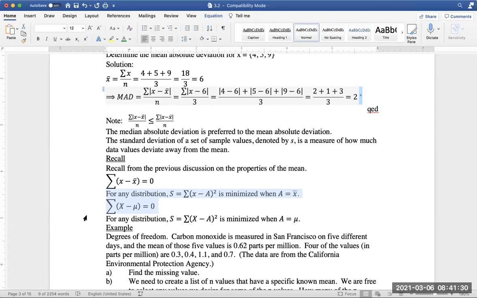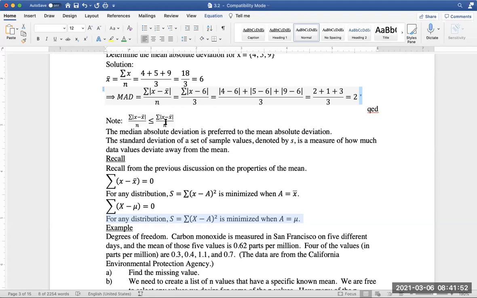And just like above, the sum of the square deviations from A is minimized when A is equal to mu. So again, I should be looking at the sum of the square deviations if I'm going to be looking at a measure of dispersion from a mean.